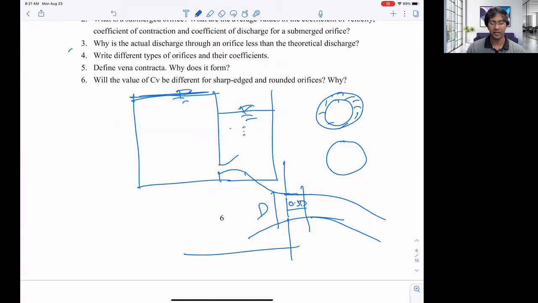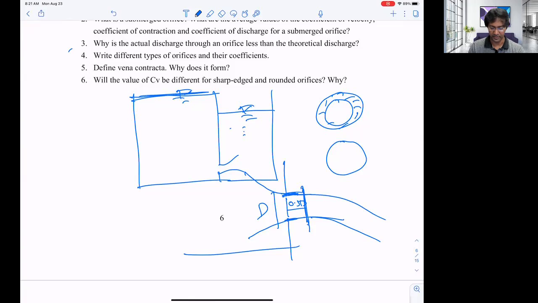And when it's converging, because of the momentum, it continues to converge after passing this opening. Then at a certain distance, that is 0.5 D, the minimum cross-sectional area will occur.